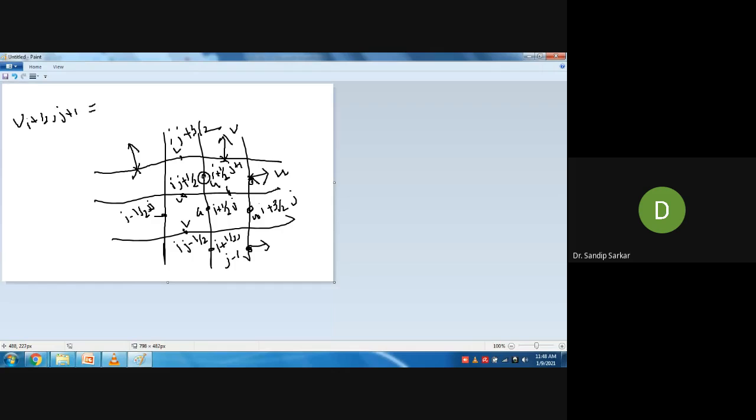This velocity is the summation of the velocity at this point and at this point, divided by 2. Suppose this is point p and this is point p1, then v is equal to (vp plus vp1) by 2.